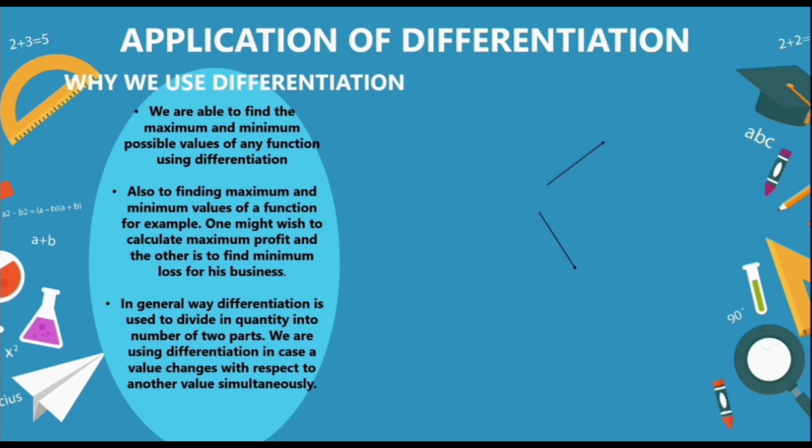We use differentiation when a value changes with respect to another value simultaneously. For example, we have the function y equals 3x cubed, and its derivative dy dx equals 9x squared.